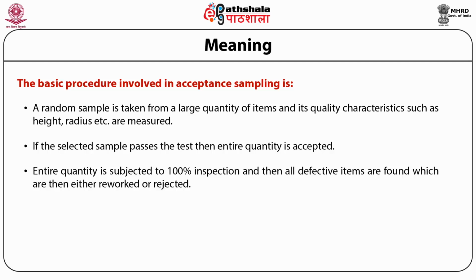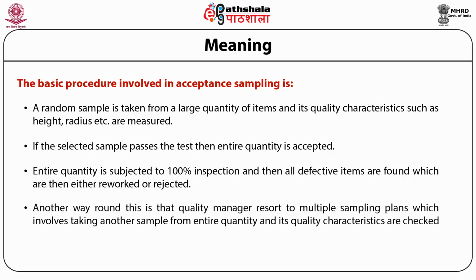This is a costly and time consuming procedure. Another way around this is that the quality manager resorts to multiple sampling plans, which involve taking another sample from the entire quantity and its quality characteristics are checked. Such sampling plans will be discussed in the next section. Otherwise, the entire quantity is rejected and returned.